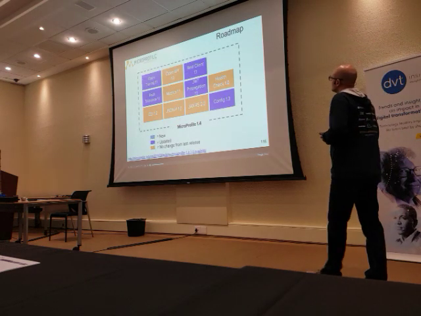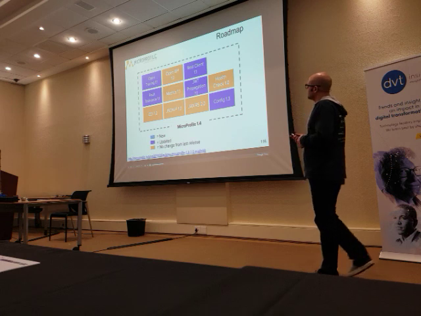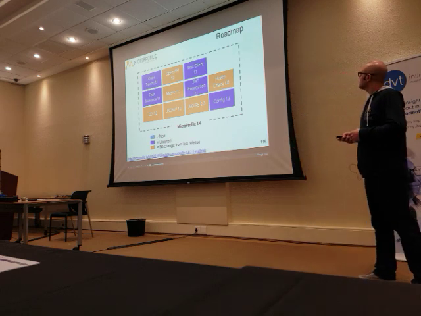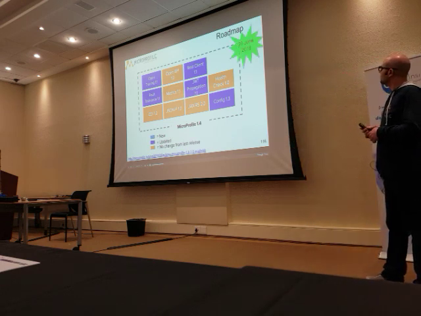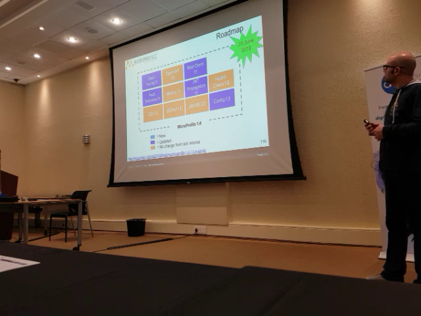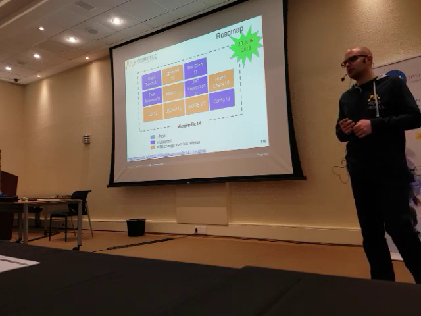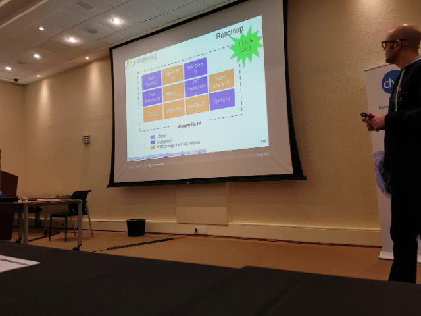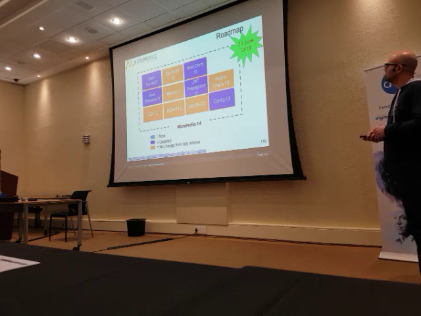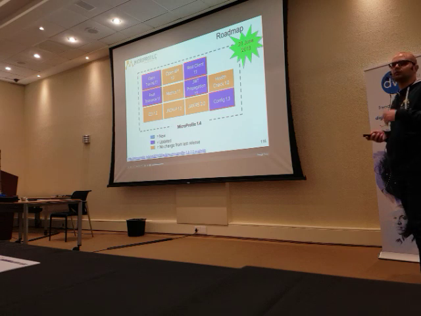So, looking at the roadmap for MicroProfile, what's on the cards: I think version 1.4 was released a month ago. There are no implementations yet that I know of, but what is added to 1.4 is really just updating the versions of some of these APIs.